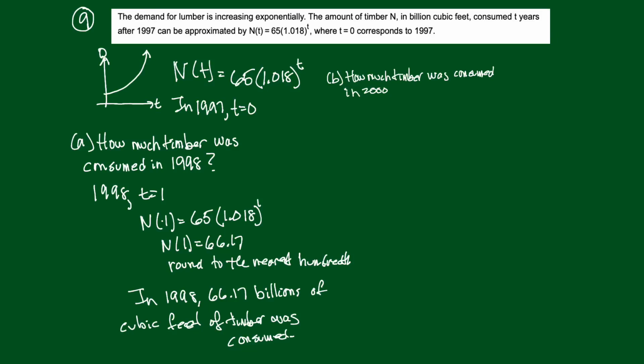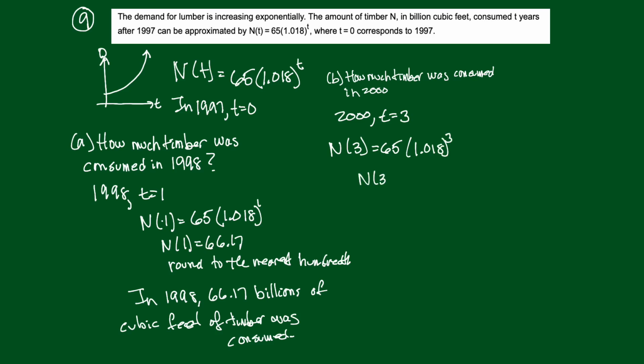Now, part B up here is asking how much timber was consumed in the year 2000. In 2000, we're 3 years after 1997, right? 98, 99, 2000. So what we want is to compute N of 3, which is going to be 65 times the quantity 1.018 to the 3.